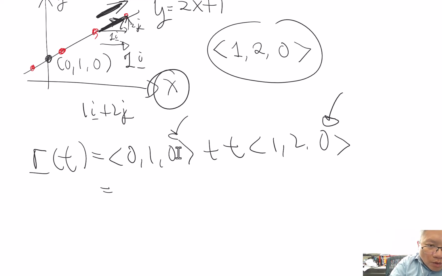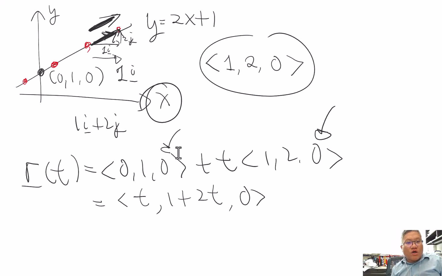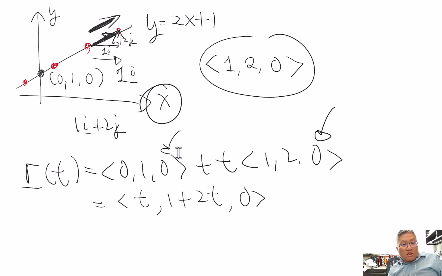So we'll write our equation here simply as t, and then 1 plus 2t, and then 0. If the context is clear, you can even drop this and say we're looking only at the ij component, but it's okay to leave it like that as well. So that is the general way of writing this particular straight line equation by using vector valued functions. That's one way to do it.